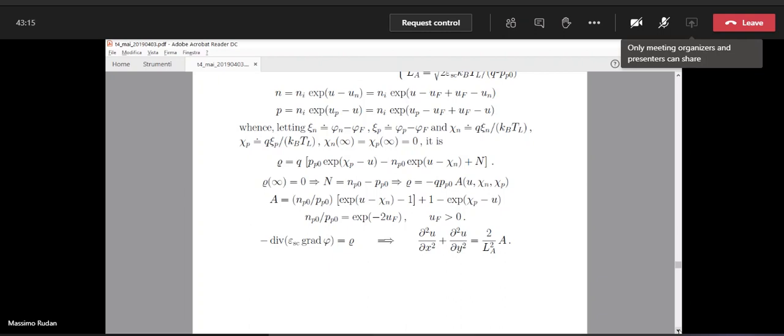There is another simplification that we can introduce. This can already be commented considering the expression of the charge density.